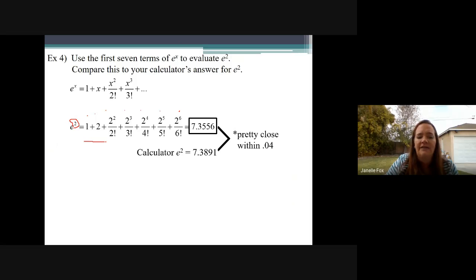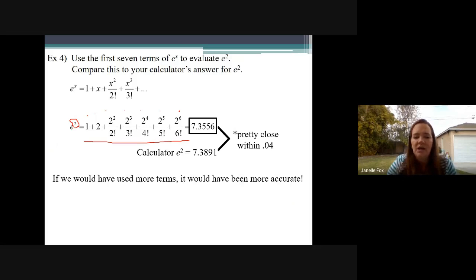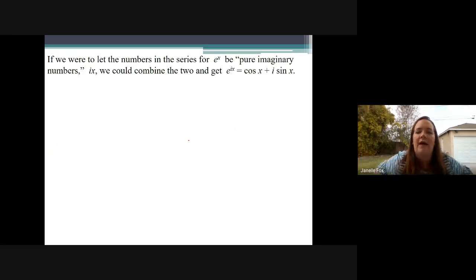Now, if I wanted this to be more accurate, I would just use more terms. The more terms I use, the more accurate it would be, which is kind of amazing. All right. We have one more thing that we want to do, just a very cool little extra piece. If we were to let the numbers in your series be imaginary numbers like ix as opposed to just regular x, we get this kind of amazing thing.